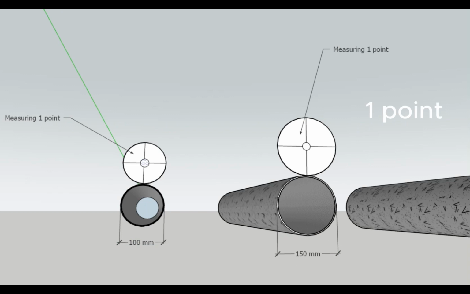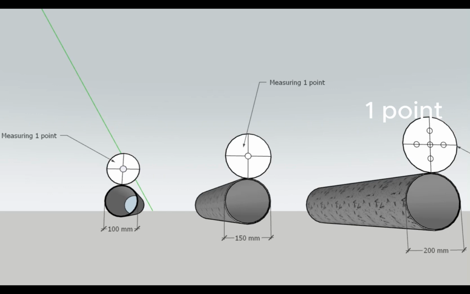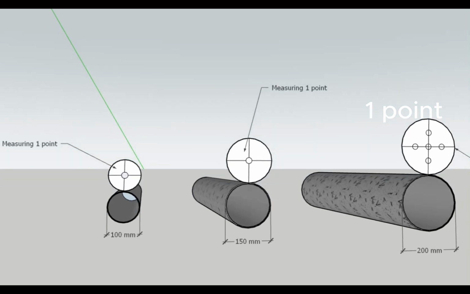So for 100 and 150, we measure only one point for both.